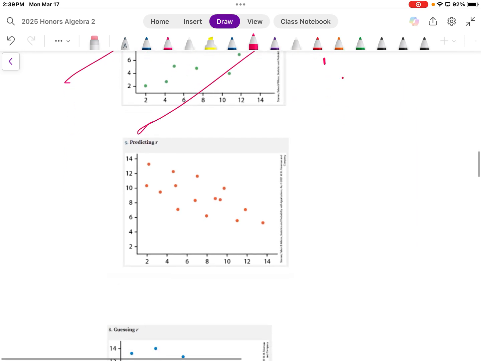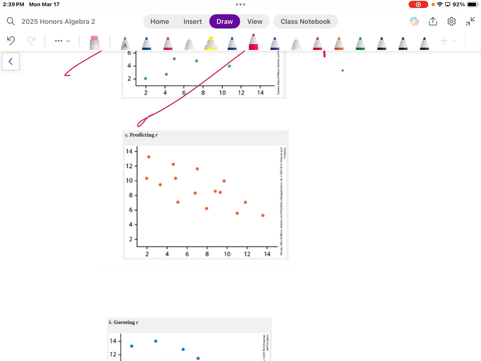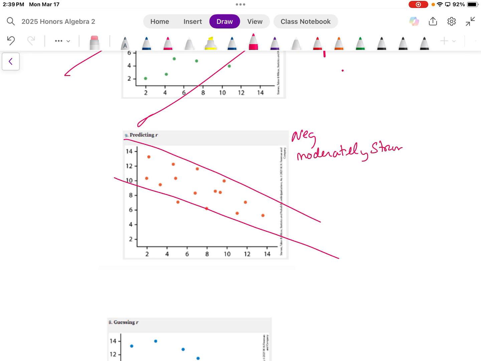What can we definitely say about the next picture? Yeah, definitely negative. I would say this is getting close to strong. So this one, you get the benefit of tagging some words together, where we can say this is a moderately strong negative.